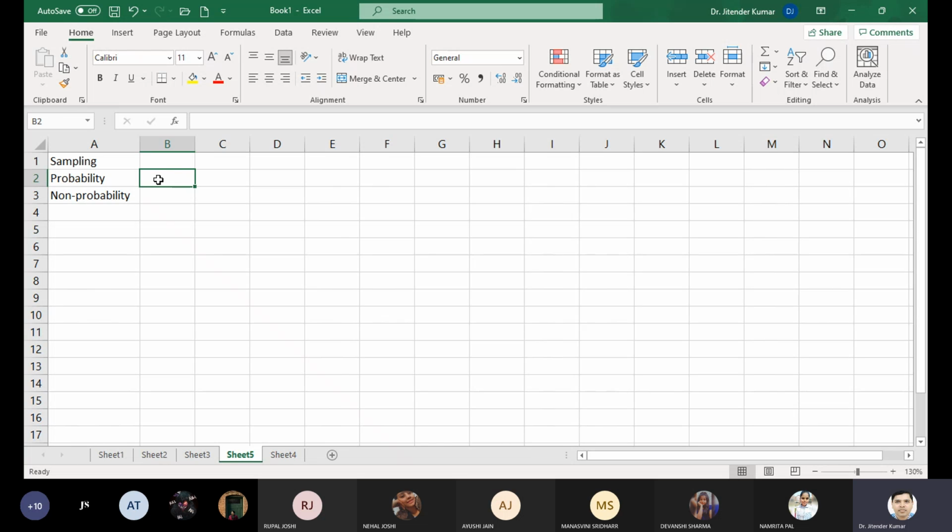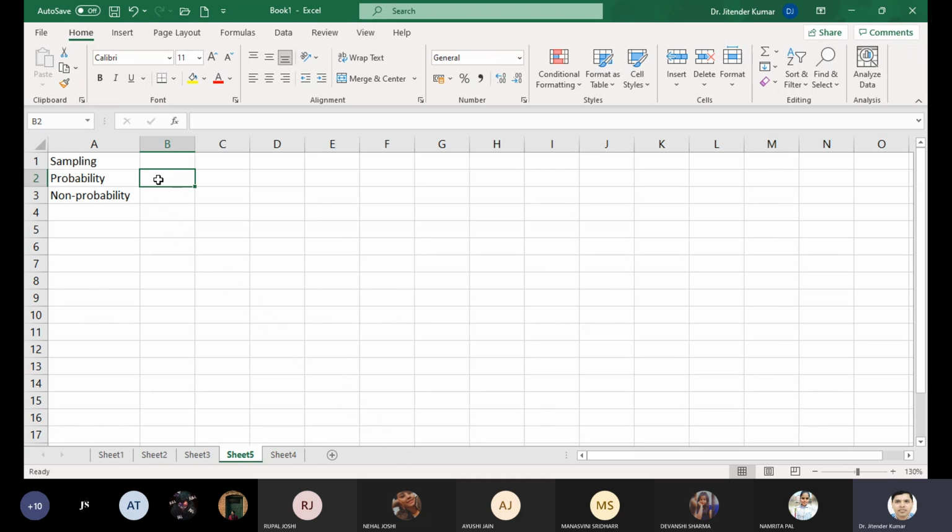So in probability sampling, each entity or each sample in your study has got equal chance of getting selected, and non-probability is when each sample has not got an equal chance of getting selected, right?